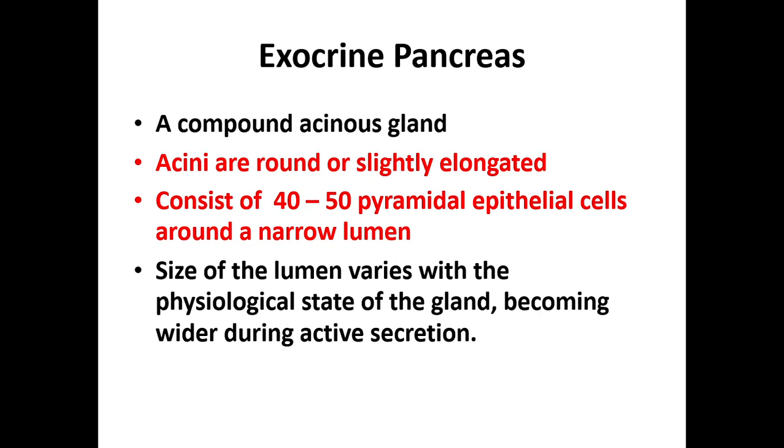The acini are round or slightly elongated, consisting of 40 to 50 pyramidal epithelial cells around a narrow lumen. The size of the lumen varies with the physiological state of the gland, becoming wider during active secretion.